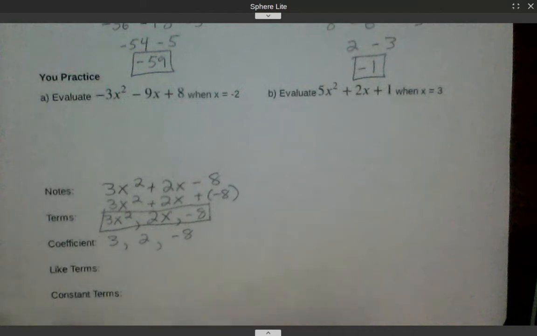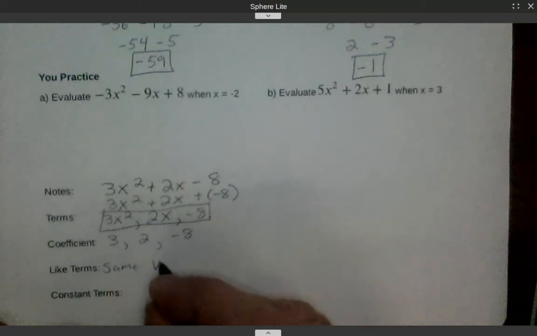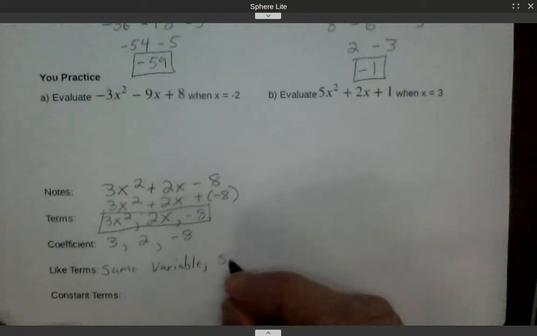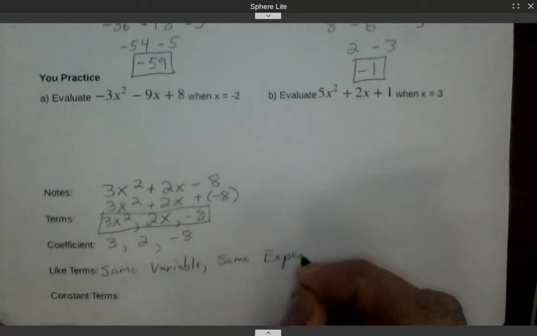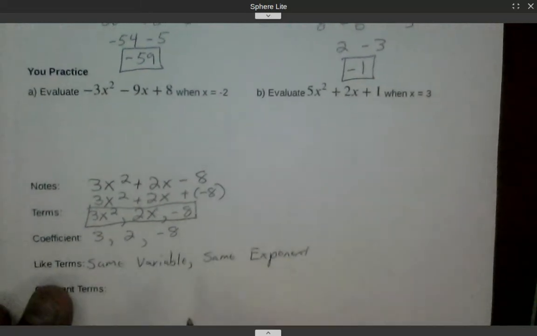We have like terms. Like terms have the same variable and the same exponents. So in this case, I don't have any like terms.